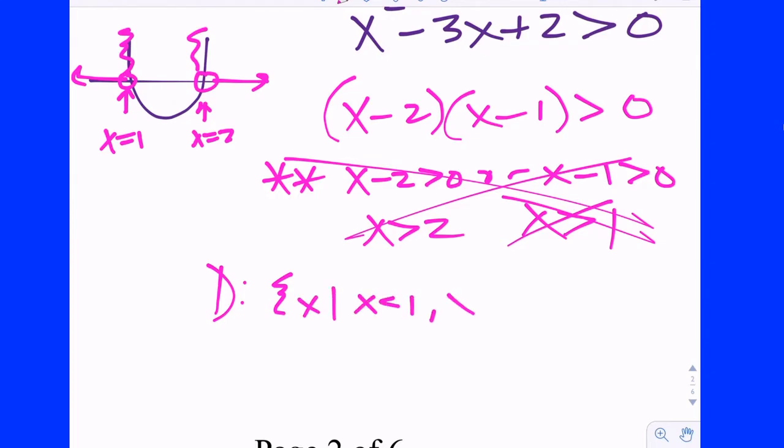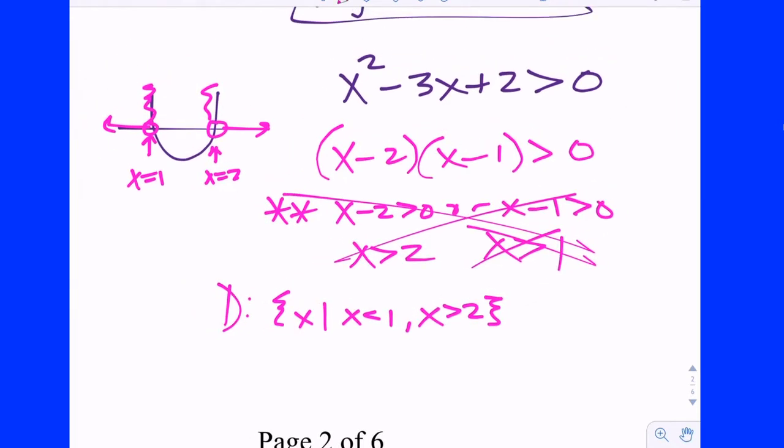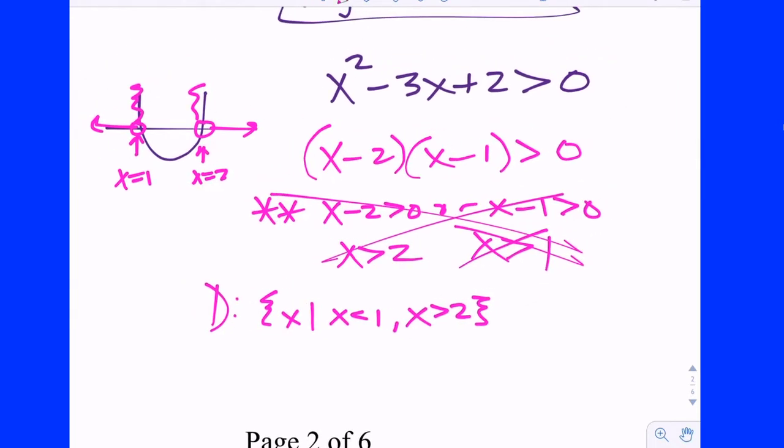So x being greater than 2 was part of it, but you missed the whole other part, less than 1. Okay, now that's good to know because it'd be kind of silly to be talking about a graph where it doesn't exist, right? So if we were talking about the graph like at 1.5.